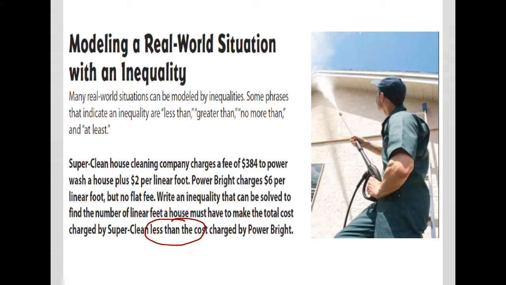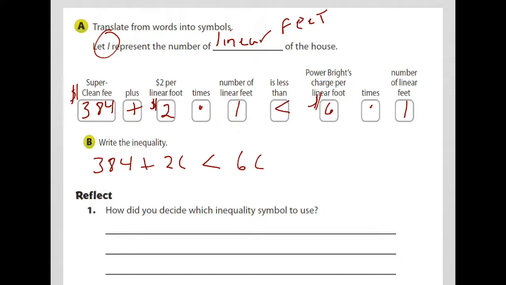So again, when we said some of the phrases that you will look for would be something like greater than, less than, more than, they actually told us in the problem that we would use less than. And so what we can put here is, since you need to find the number of feet that makes the cost charged by SuperClean less than the charge by PowerBright, you will use a less than sign.